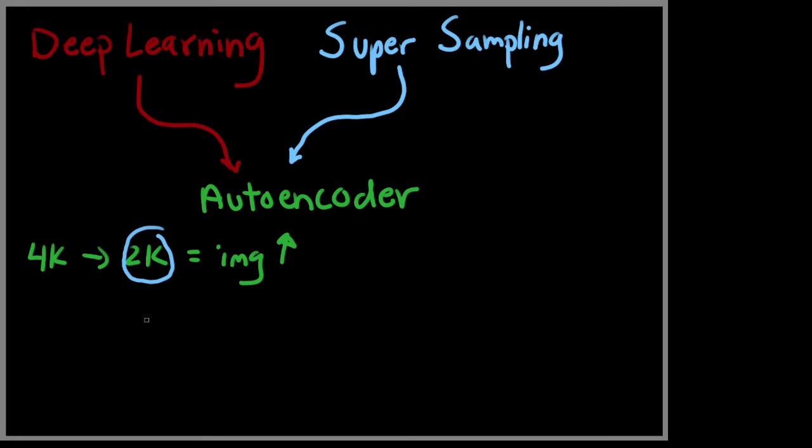But if I wanted to show this image or play this video game right on my big 65-inch TV, 2K might not be enough, right? I would want 4K or, in the future, maybe even 8K. So an enterprising individual might look at this and say, well, if I can go from 4K to 2K to make the image quality go up, can I just take something that starts at 2K and make it 4K?